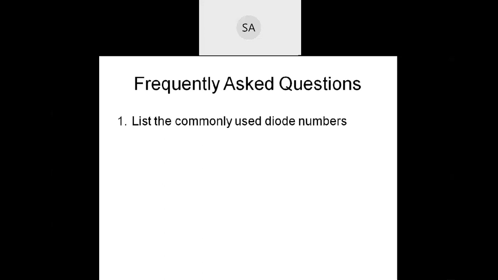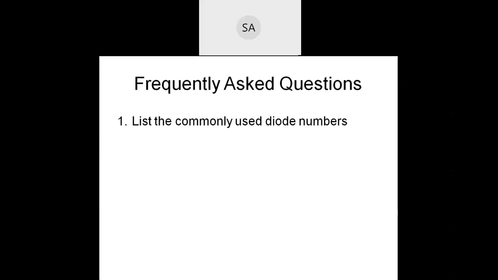The frequently asked questions on this topic: list the commonly used diode numbers. We have discussed BAV45, BAW62, OA90, OA47, IN914, IN4151, IN4001, 4002, IN4006.